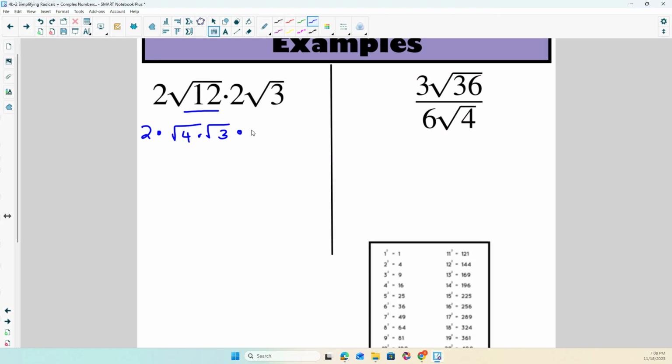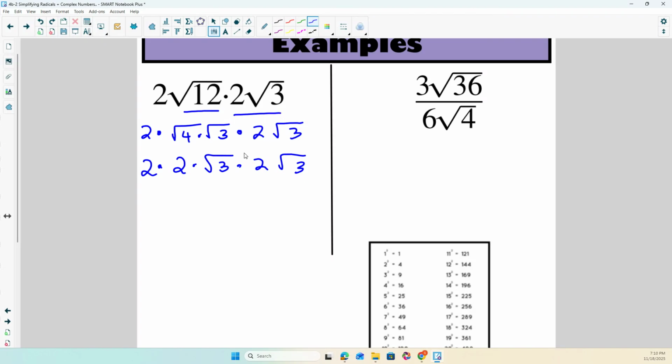And then times 2 times the square root of 3. So this is a perfect square. We're going to take the square root of 4, which is 2. So it's 2 times 2 times the square root of 3 times 2 times the square root of 3.